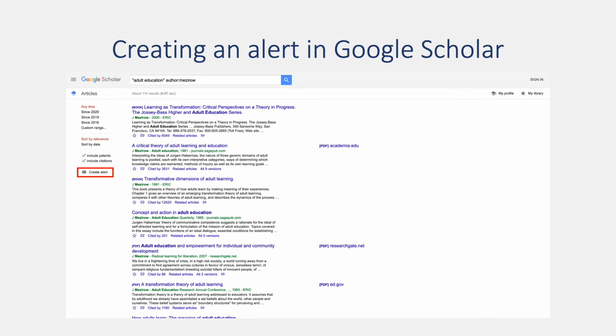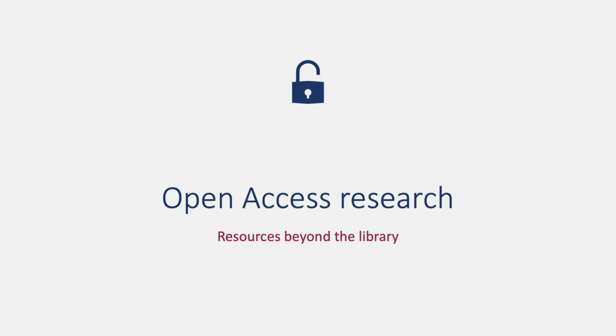And you can create alerts in Google Scholar to be sent to you by email. These alerts are linked to whatever your search term is, so you can make it very broad, very narrow, or about a specific person. So that's Google Scholar, a handy resource to be used in addition to library resources, not instead of them.